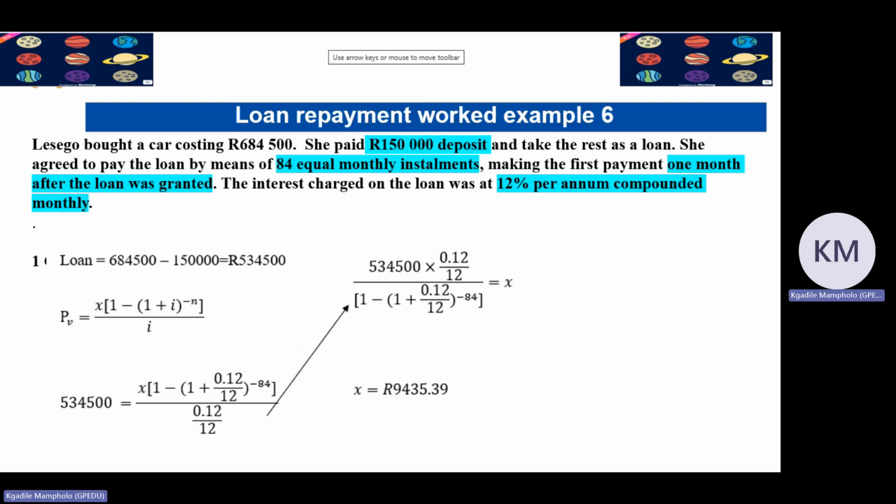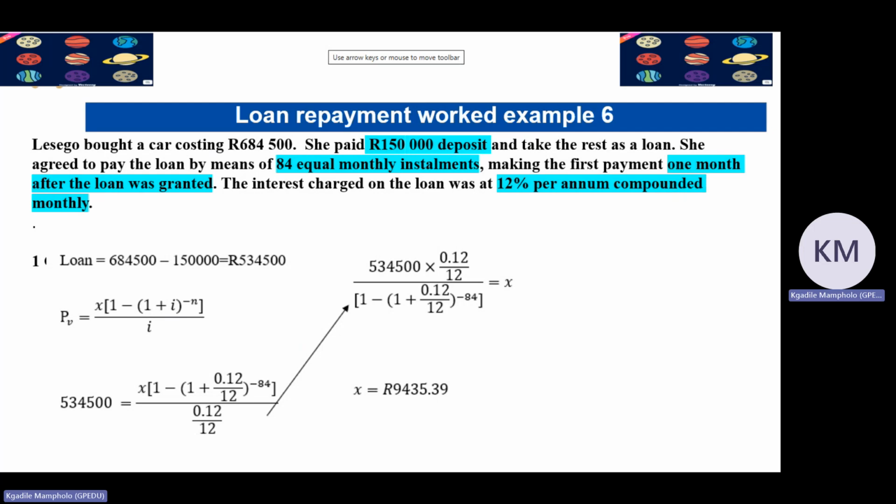Then the loan would be R534,500. Then you substitute this one, and cross multiply, then the installment will be R9,435.39.